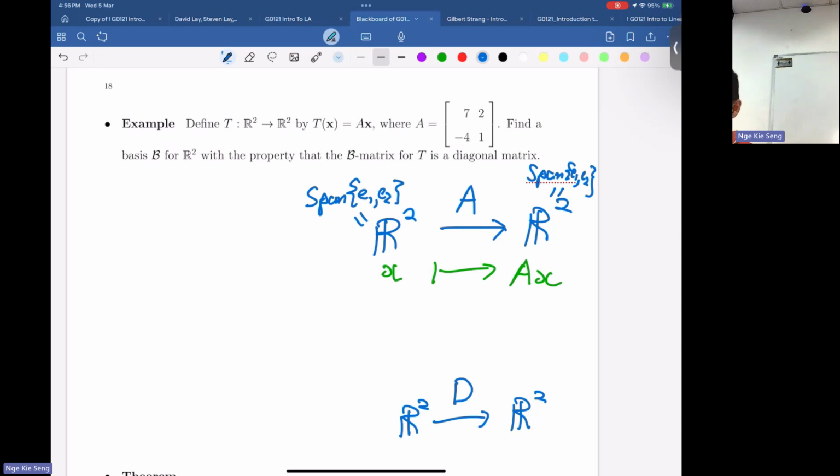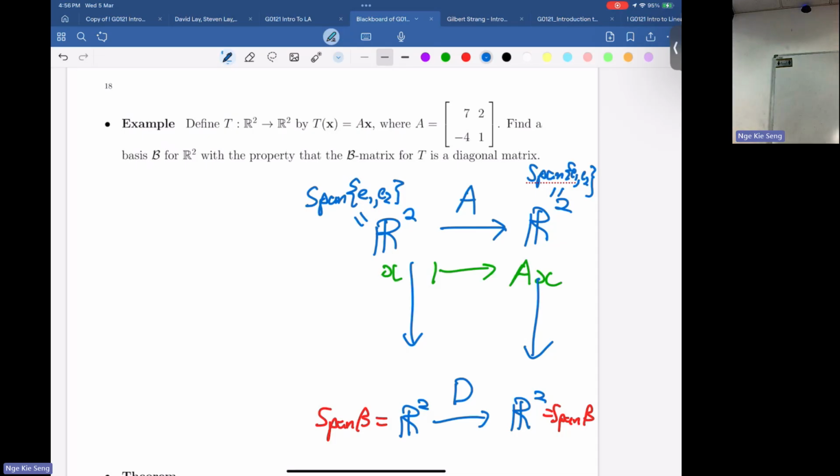The question is you need to find the appropriate B to put here, such that if there's an arrow going between this square here, this D should be diagonal.